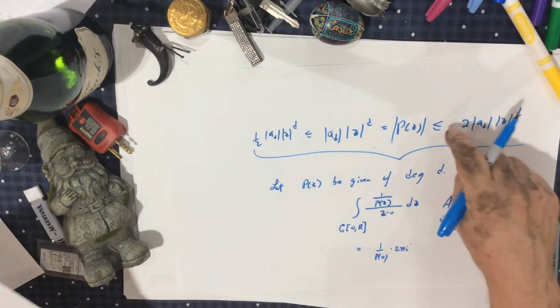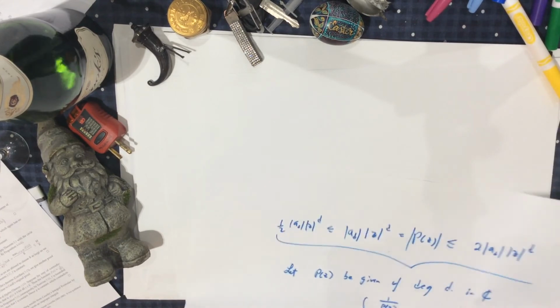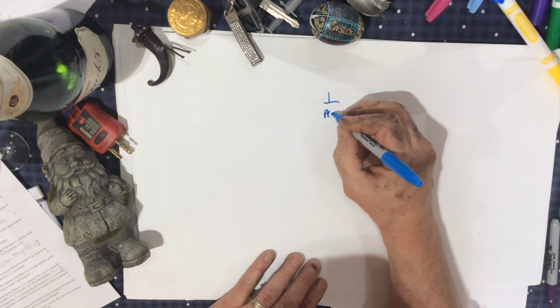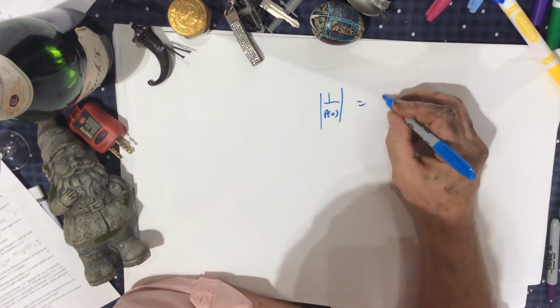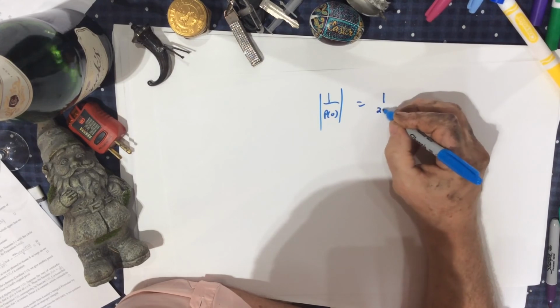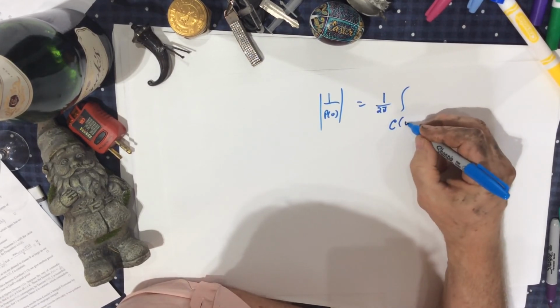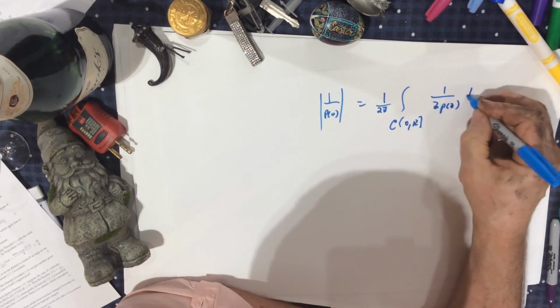Well, let's make use of this inequality. Here we go. We know that the modulus of 1 over p of 0 is 1 over 2 pi, the i goes away, times that integral over C of 0, r of 1 over z p of z dz.